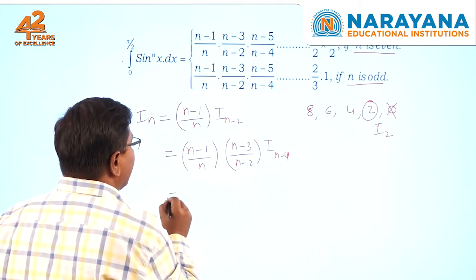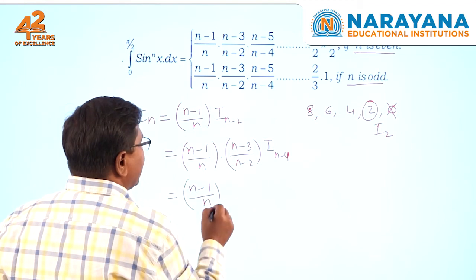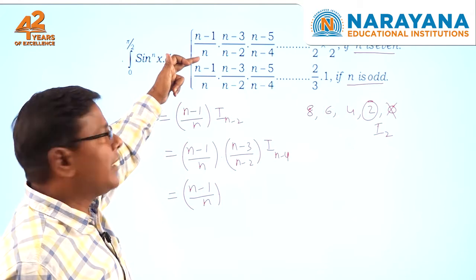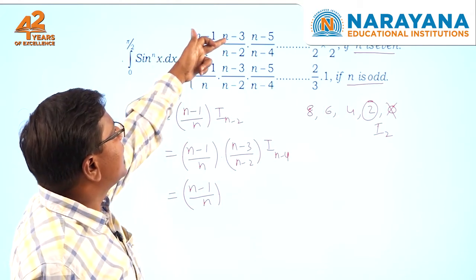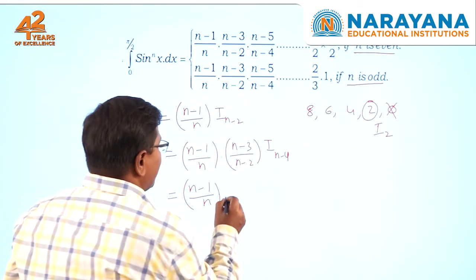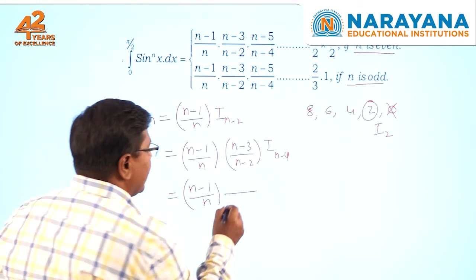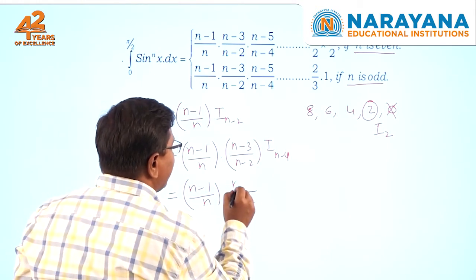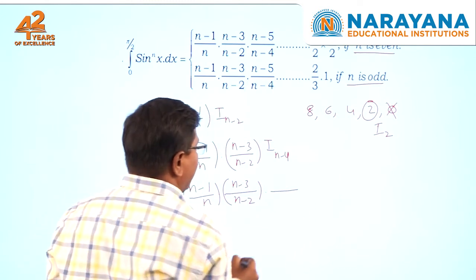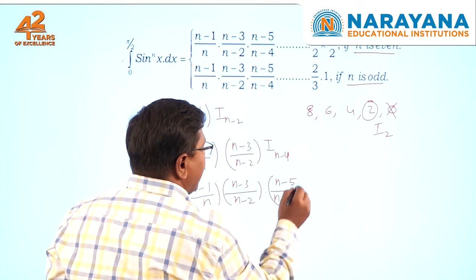So, what you will get is (n minus 1) by n; look at the pattern here. If you start with n in the denominator, n minus 1, n minus 2, n minus 3, n minus 4, n minus 5 and so on, right. So it is better you proceed through the denominator: n minus 1, here it is n minus 2, it is n minus 3 into here the denominator n minus 4, it is n minus 5, and so on.